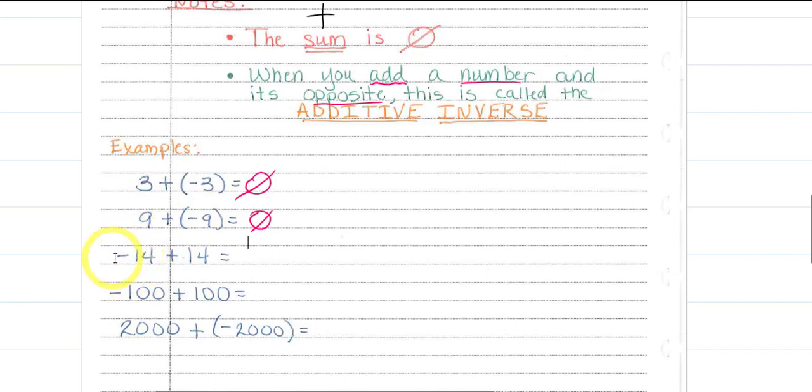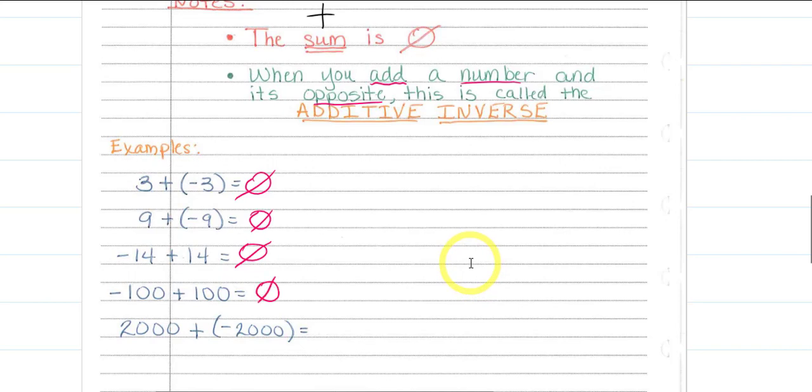The next one, we have a negative 14, and we're adding it to a positive 14. So negative 14 and positive 14 are opposites, and when you add them together, you're going to get 0. Okay. So you can pause and try the next two, but we know that the answer is going to be 0.